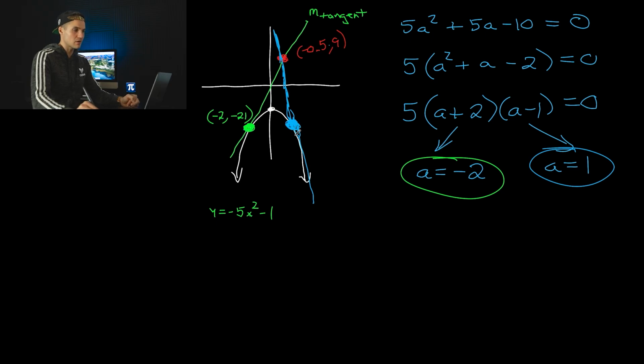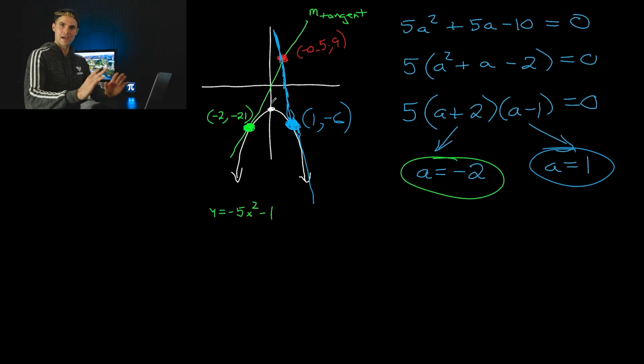There's a point over here as well where we're going to have another tangent on this function that's also going through this point, and that's going to happen at an x value of 1. So if we plug in 1 here, we would have negative 5 minus 1, which is negative 6. And this is not to scale, right? I know that this point should be a lot lower. This y value of negative 21 should probably be down here, while this point 1, negative 6 would be above. I know it's not to scale.